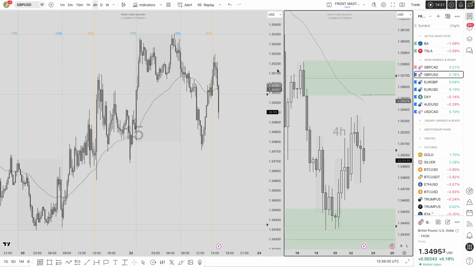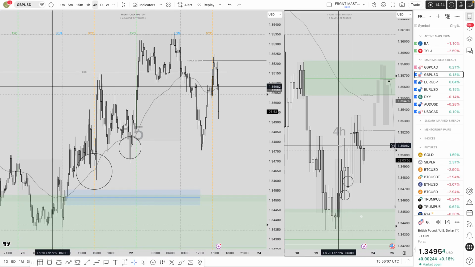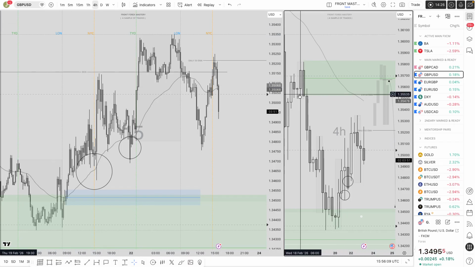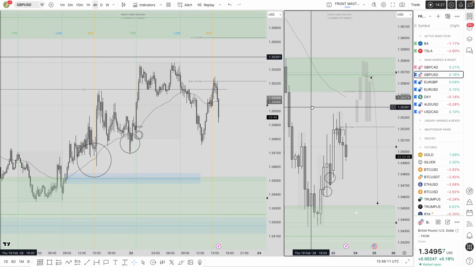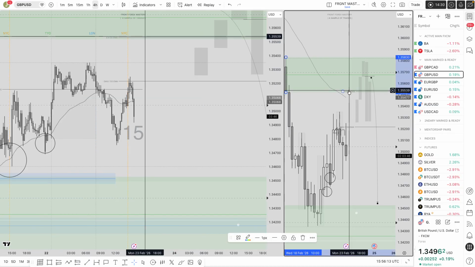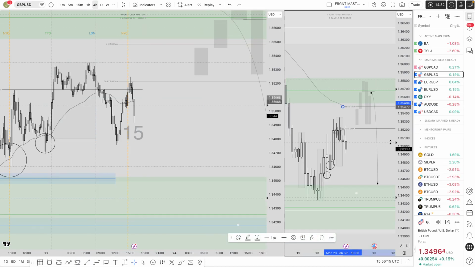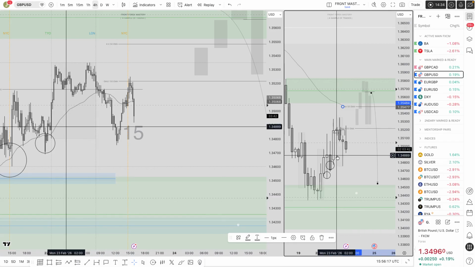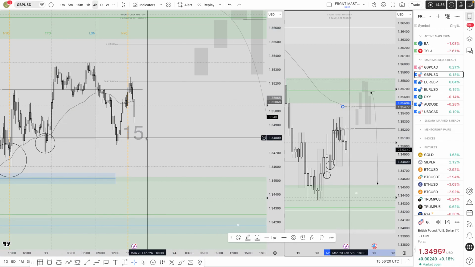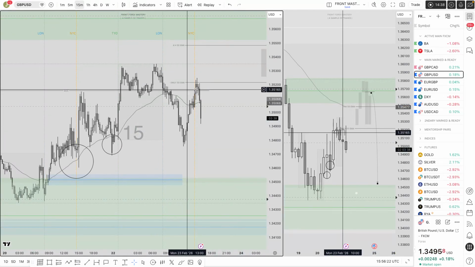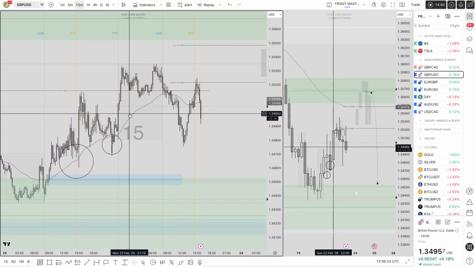In contrast with GBP USD, there was no higher time frame 4-hour order block that I was comfortable with taking the position from. You see at the top here, we've got the 4-hour 50 MA. Therefore, I had every expectation that price would want to look to push up into that 4-hour 50 MA before rejecting it. So if I'm seeing a rejection slightly before that 4-hour 50 MA, I've got the opportunity to compare this position, let's say, to US dollar CAD and make that smart choice in terms of what position is going to be better suited for me.